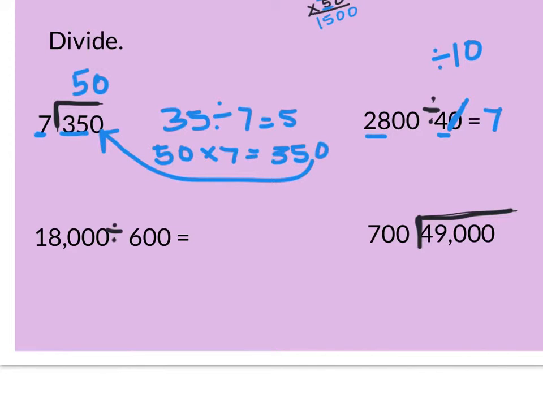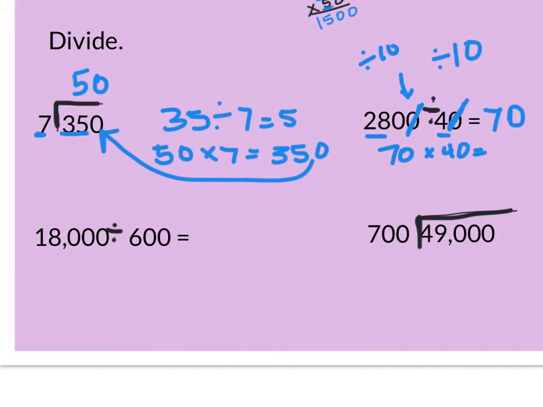So I could do the same thing over here and divide 2,800 by 10, because remember, that's what we're actually doing when we cross out a 0 or 1 0. And so I have 7 and then a 0 left, so my answer is 70. And if I say 70 times 40, we should get 2,800.